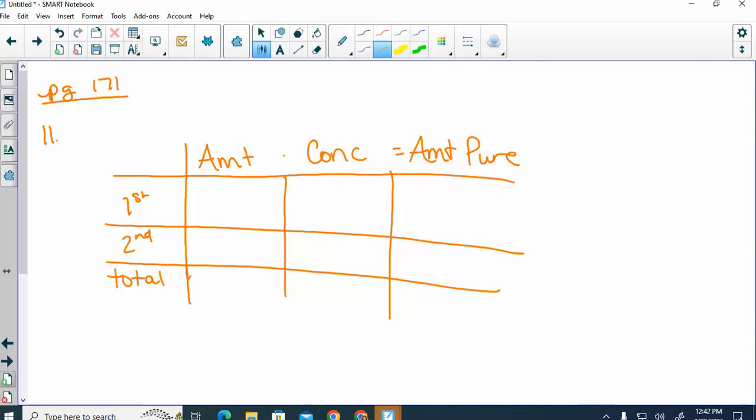So then it says we have a mixture that is 10% alcohol. So the concentration of that would be, and we always did, right. And the 30%, where does that go? A mixture. Okay.